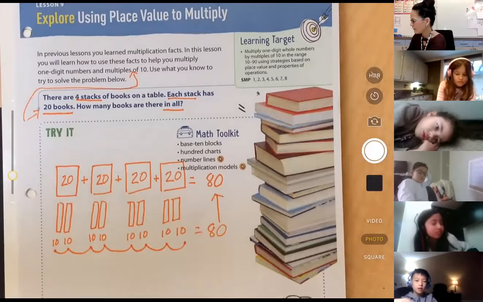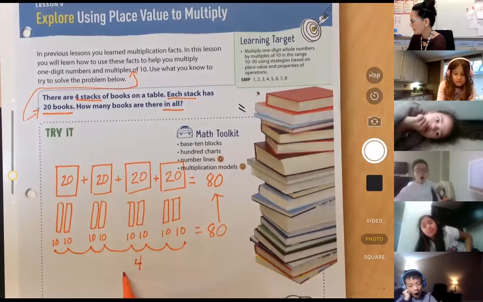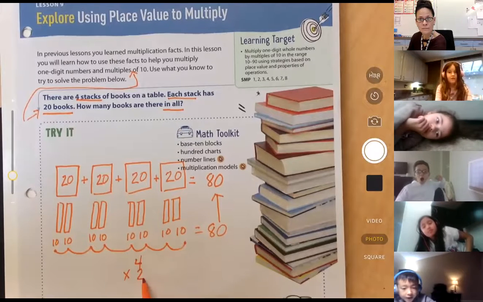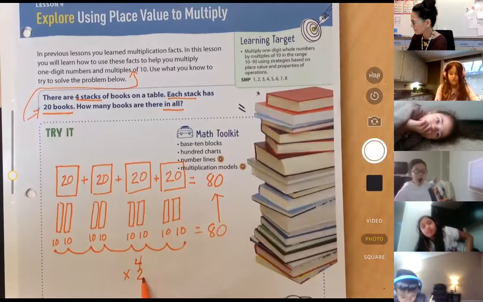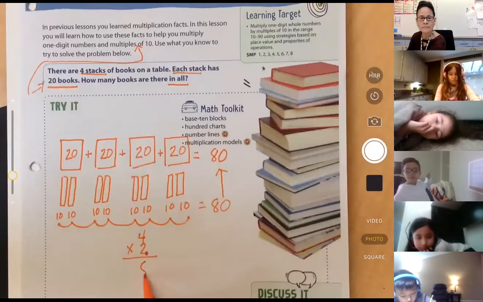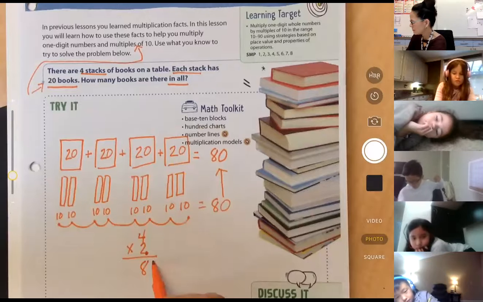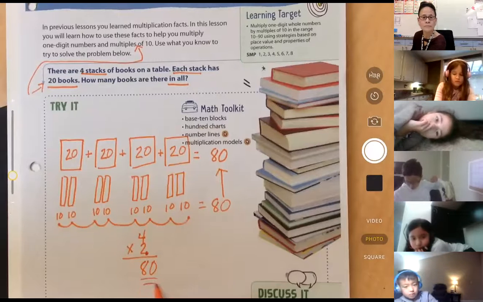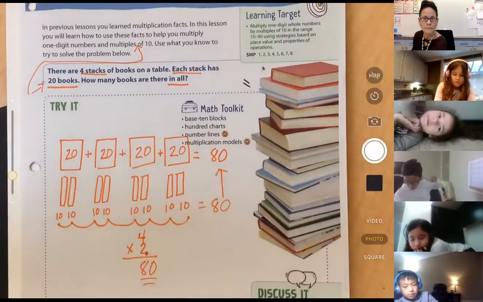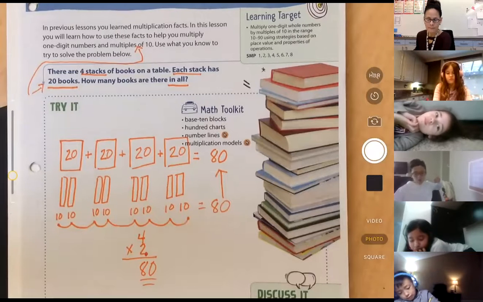We can say 4 multiplied by 2, and we can say that that product is 8, and then we add the 0 back in. That's what we call mental math, friends. All right?